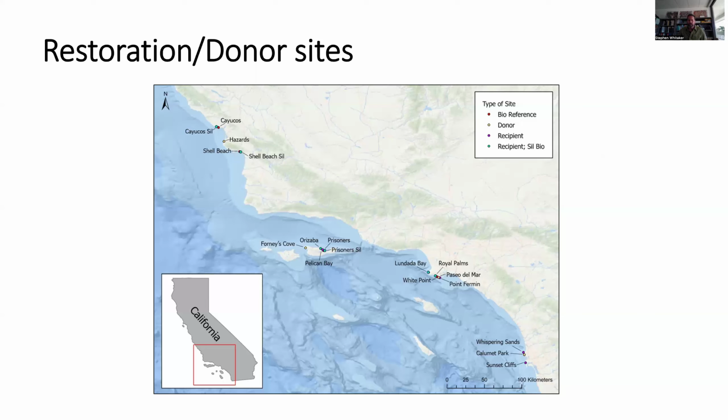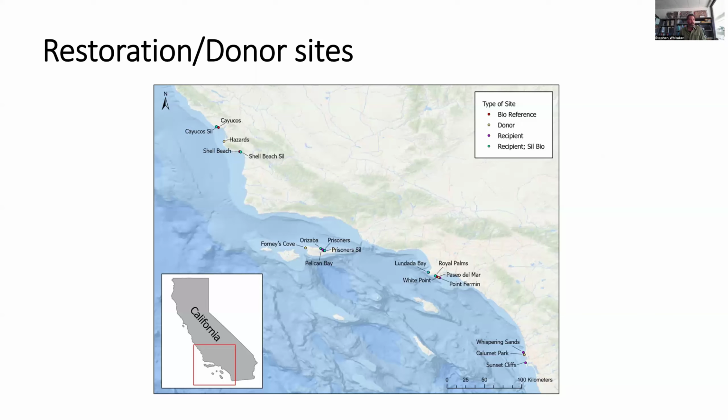Other factors that went into deciding on site location included the marine protection area status. I'll point out that this project was initially focused on improving MPAs, and about a year and a half into this study, after we had already chosen all of our sites, we were told by the California Ocean Protection Council and the California Department of Fish and Wildlife that we were no longer allowed to do restoration in MPAs.